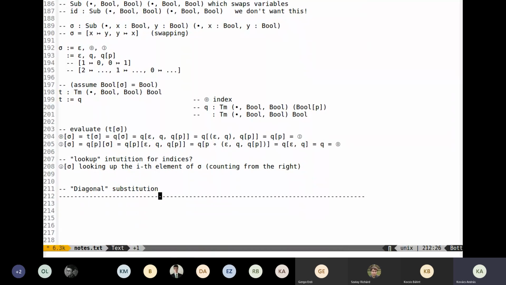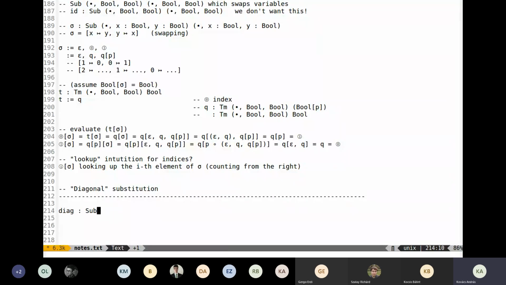And it's quite important because when we are doing meta theory, it comes up in many places. And I can also explain why it's called diagonal, but it's very, very simple.